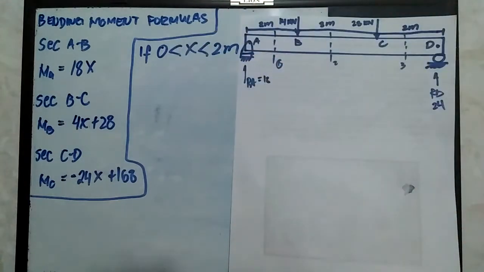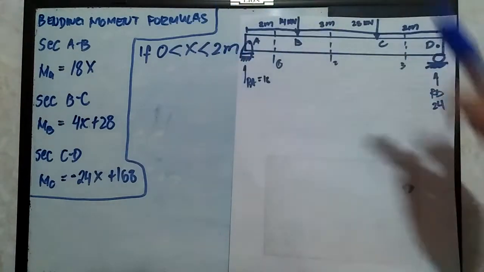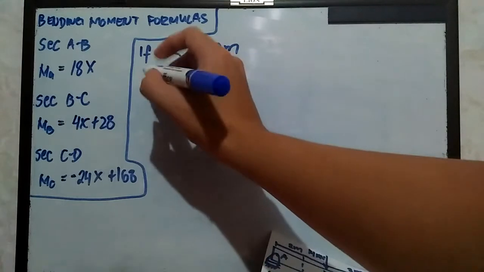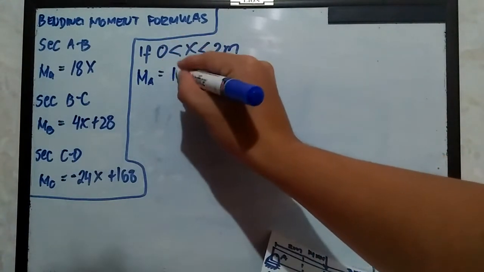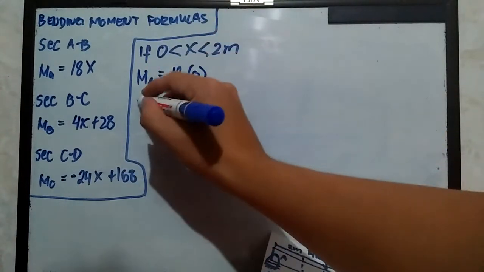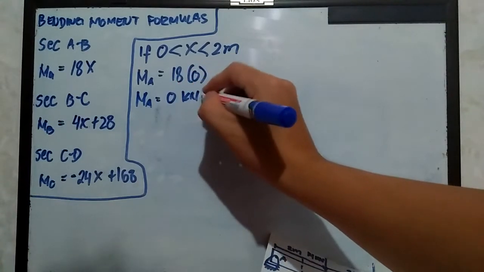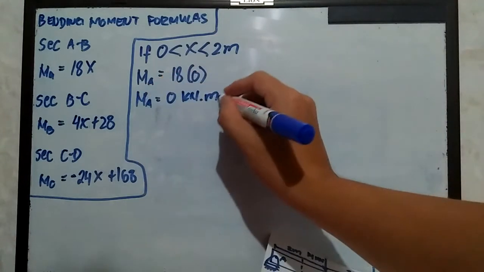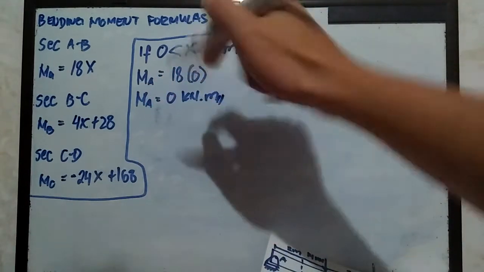So by using that limit from 0 to 2 meters, we're going to solve for M sub A. M sub A is equal to 18 substituted by 0, so M sub A is equal to 0 kilonewton meter. So that's the first one. And then we are going to substitute 2 meters.